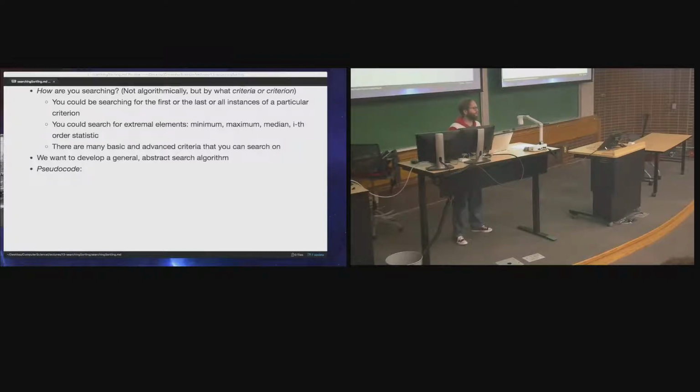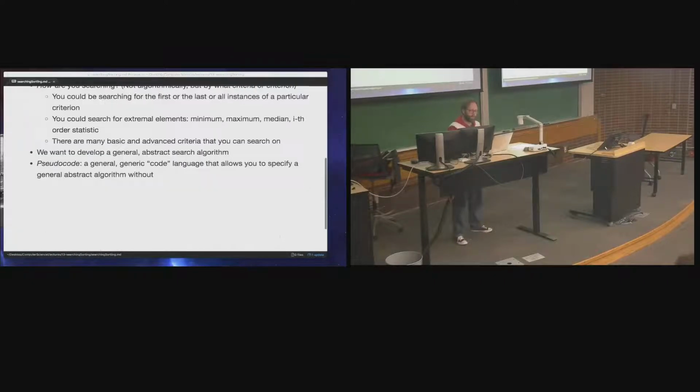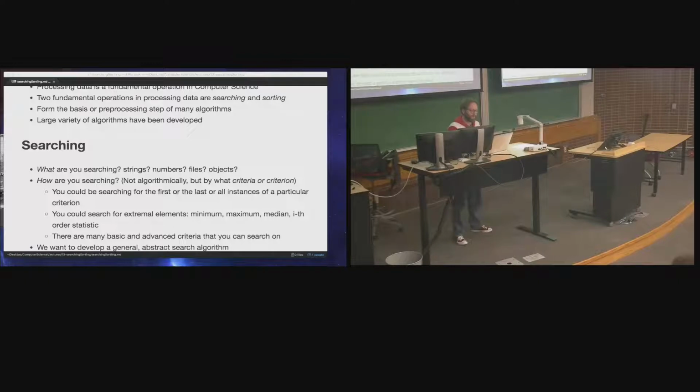Pseudo is fake, right? It's fake code. Pseudocode is a generic code language that allows you to specify a general abstract algorithm without getting into the specifics of any particular programming language.